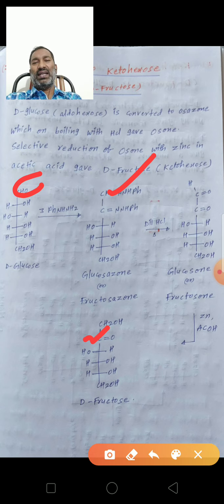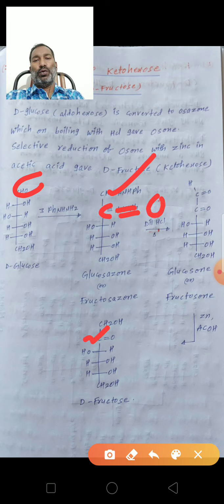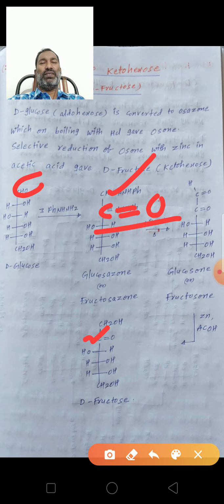So this second carbon converts into the C double bond O group, and this phenylhydrazine converts into aniline and ammonia. And the third mole of phenylhydrazine again reacts with this C double bond O group, it will convert to a hydrazone. So this is the mechanism.